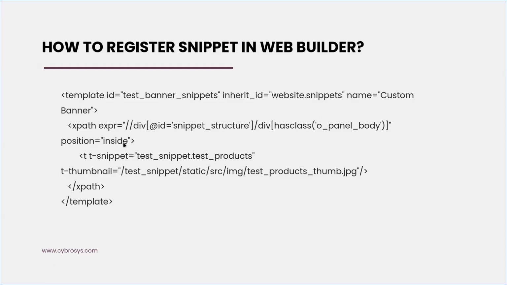After giving that XPath we can call our snippet by the t-snippet attribute, provide the XML ID of our snippet, and also provide a thumbnail image. We need to provide the full path of the thumbnail image, starting from the module name.